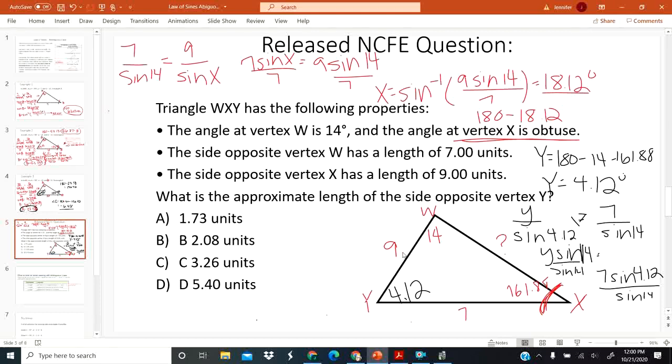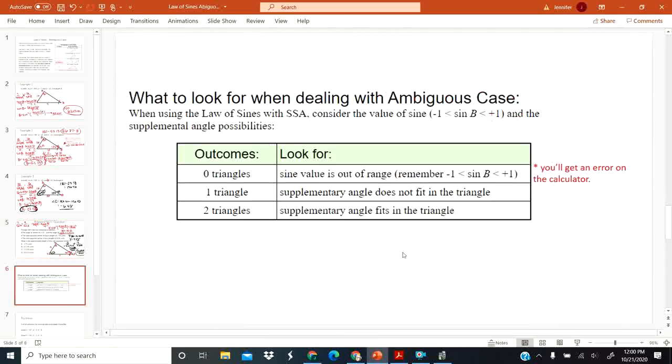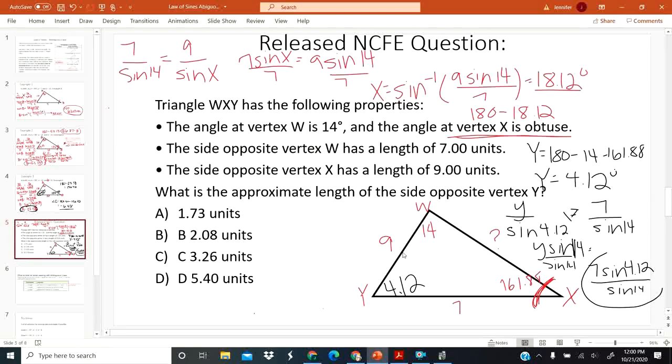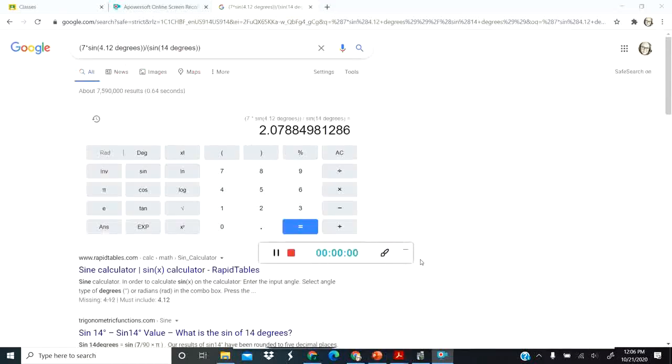And so y is going to equal 7 times the sine of 4.12 divided by the sine of 14. So let's go type that in. Okay, so when you type all of that in, 7 times the sine of 4.12 divided by the sine of 14, you're going to get 2.078.